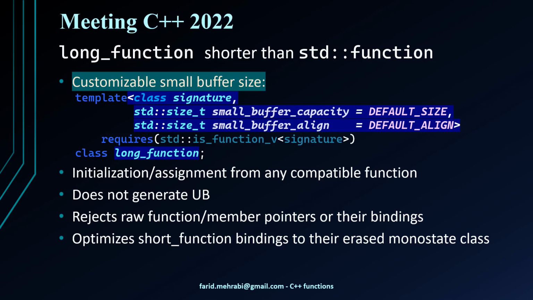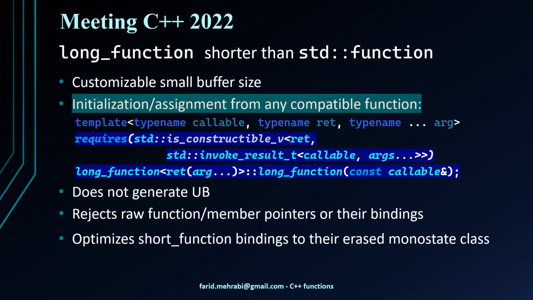It is better for this class to have default values for size and alignment of its small buffer according to the platform. This class is supposed to store any callables that std function can store, with one set of exceptions that will be mentioned later.